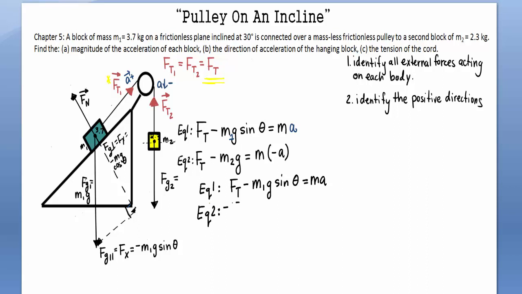So that would be minus Ft plus M2G equals M2A.